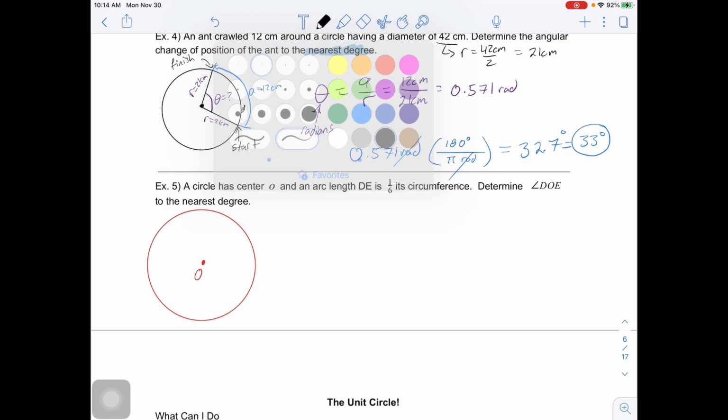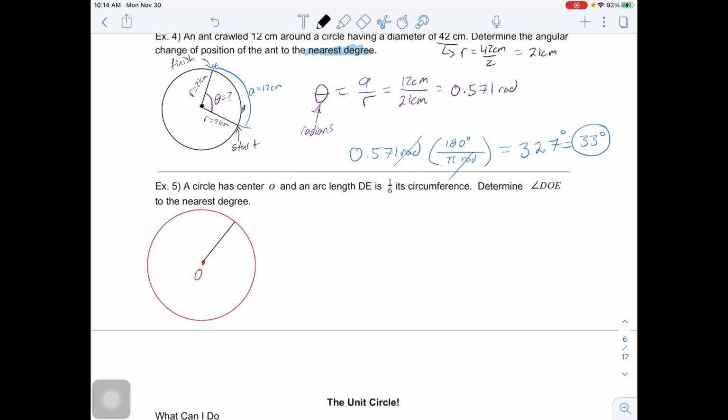Okay. So this thing has some radius, which we'll notate as R, of course. And it went an arc length, which it represented as DE, and DE, or the arc length, is 1/6 of the circumference.